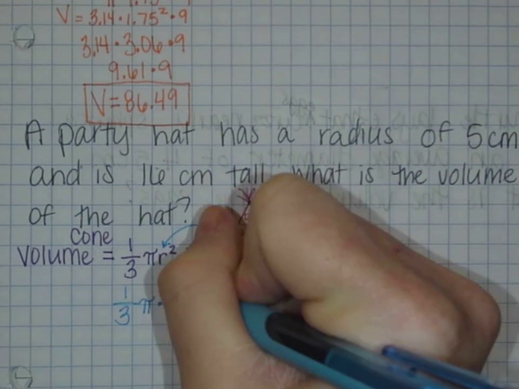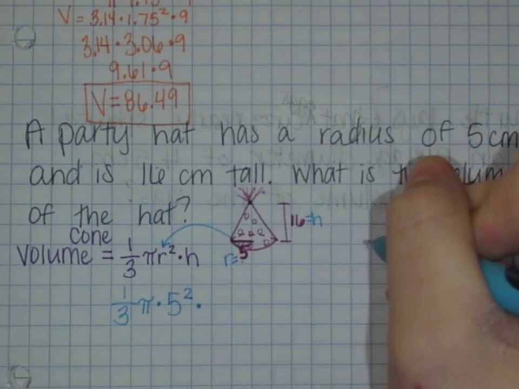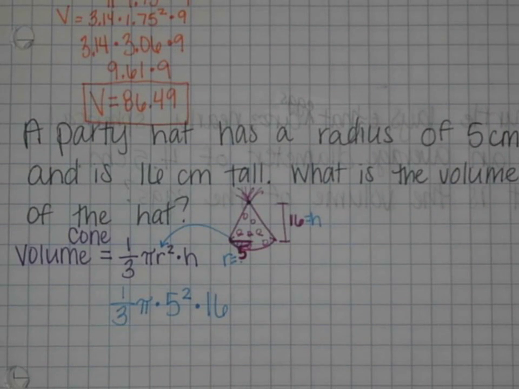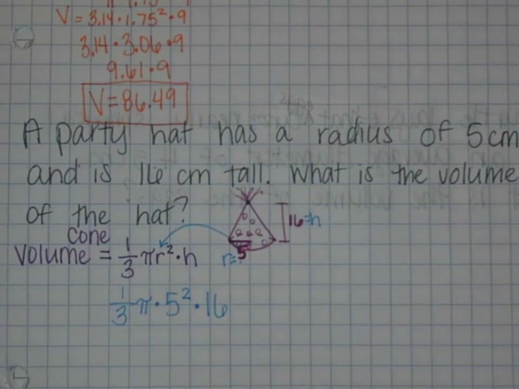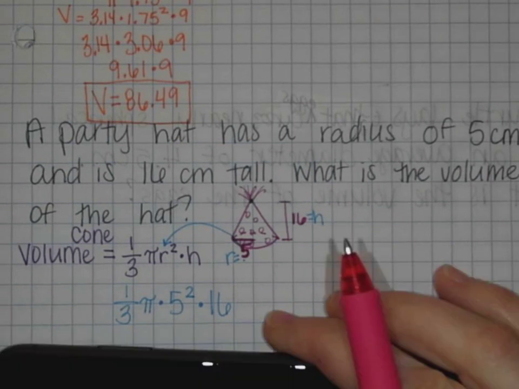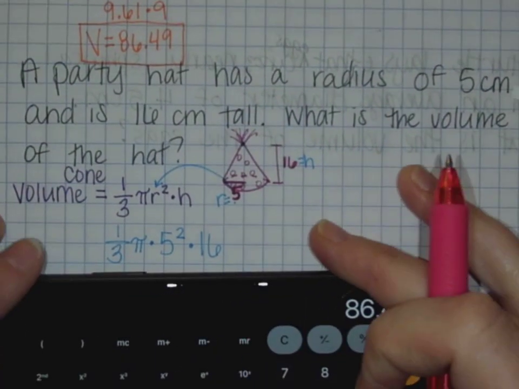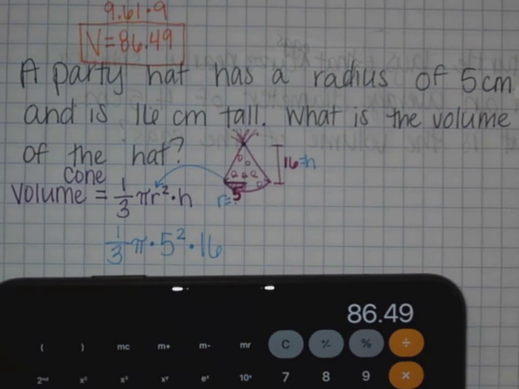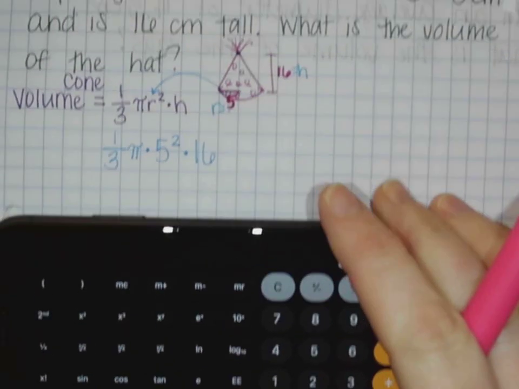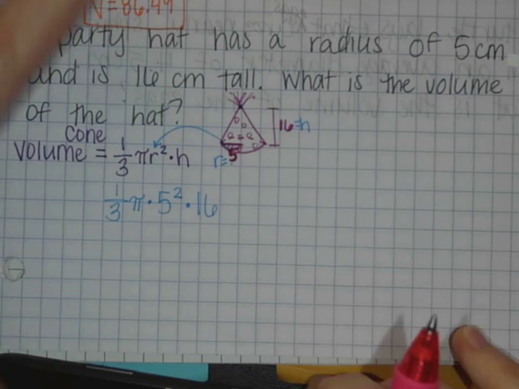So 5 squared, and then our height is 16. So then we have to find all of that. And again, always start with your squared, or your exponent. Okay, here we go.